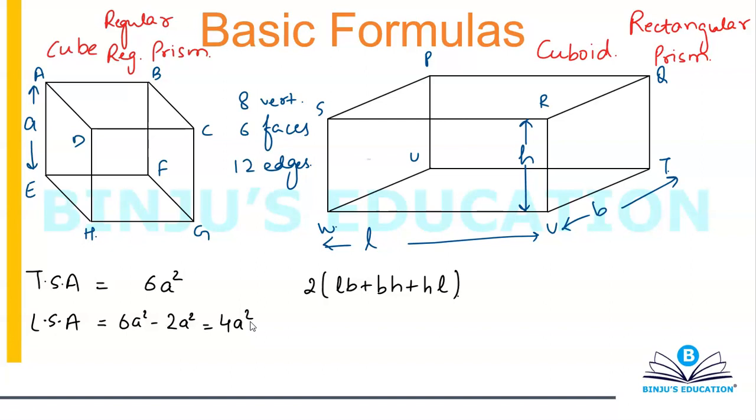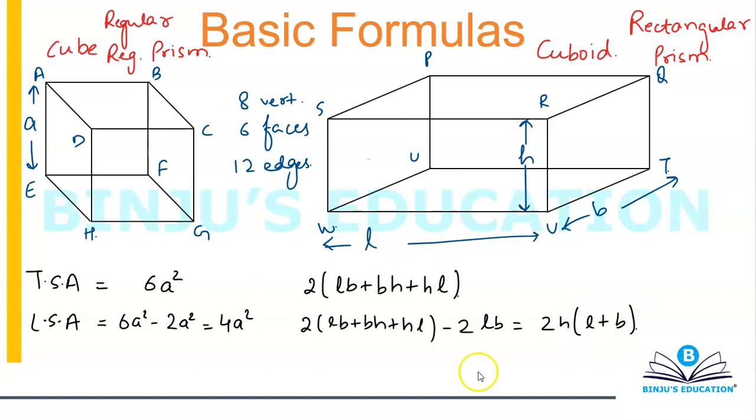Basically you will not be considering the faces made up of length and breadth. So in this case this will be twice (LB plus BH plus HL) minus twice LB, which will be twice of H into (L plus B). This will be the formula for the lateral surface area of the cuboid.